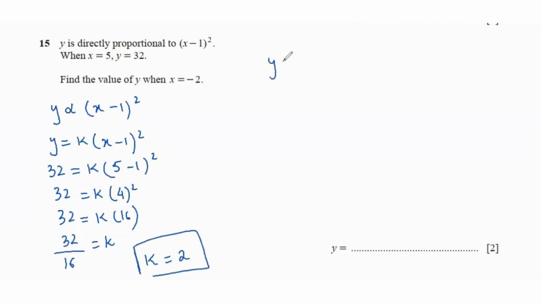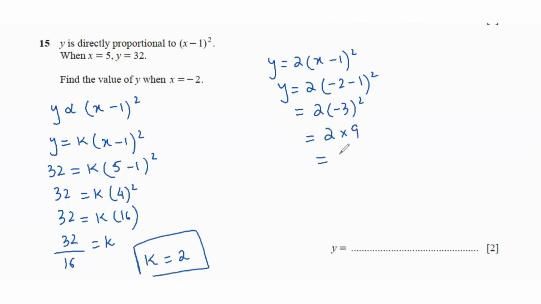So now we write y equals 2 times x minus 1 whole square. Substitute x equals negative 2. That's going to be 2 times negative 3 whole square, which is 2 times 9, and that is 18. So y is 18.